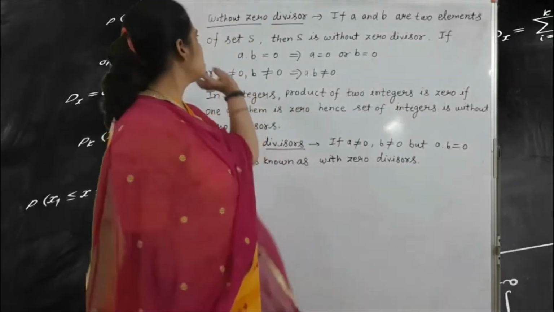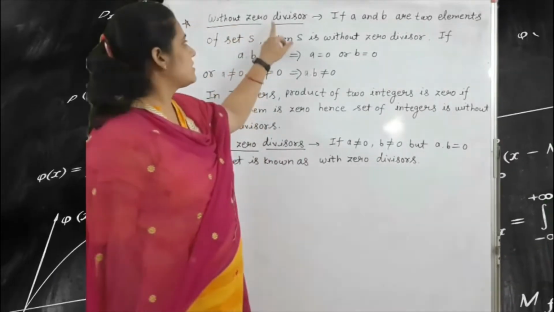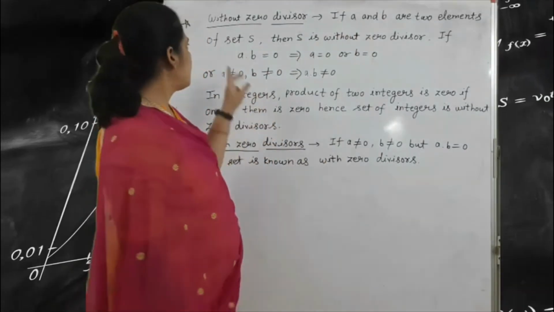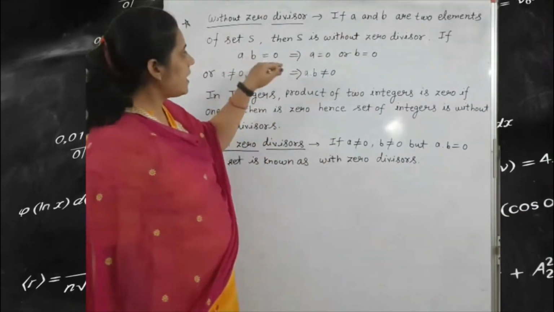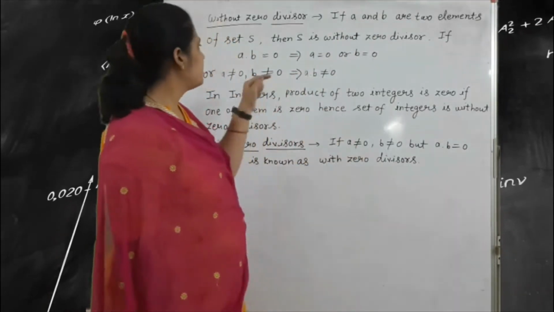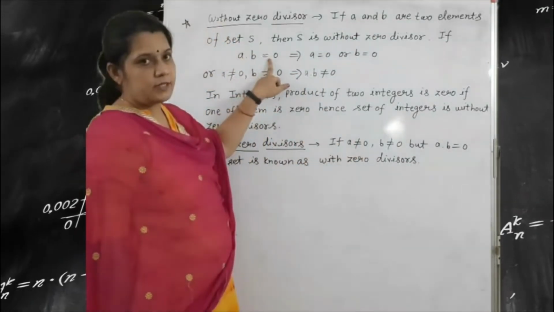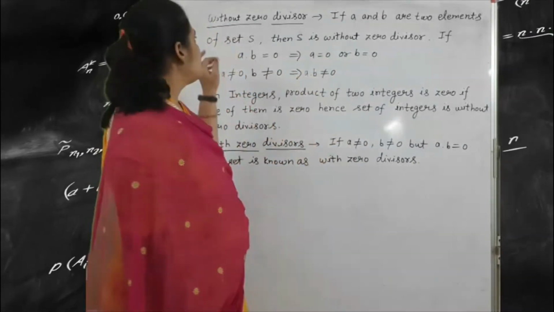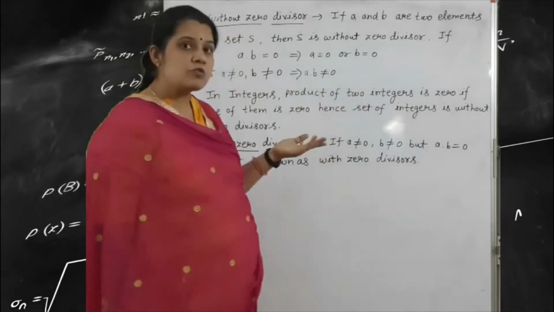Next definition is without zero divisor. That means if a and b are two elements of set S, then S is without zero divisor if a·b equal to 0 implies a equal to 0 or b equal to 0. So see here carefully, this is the without zero divisor.